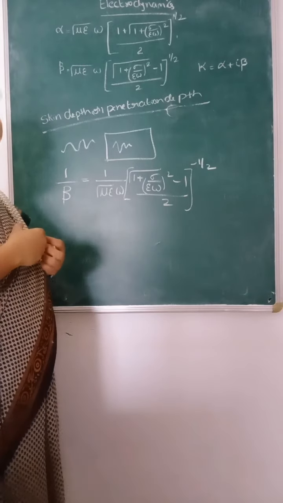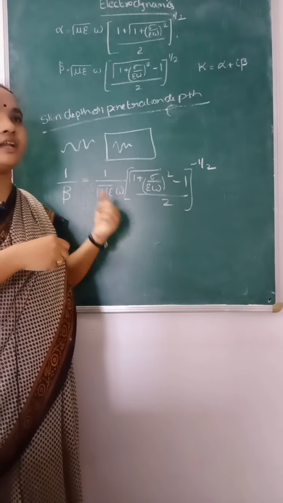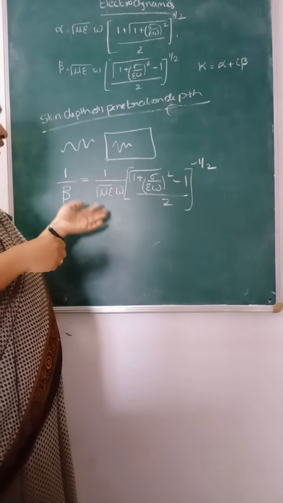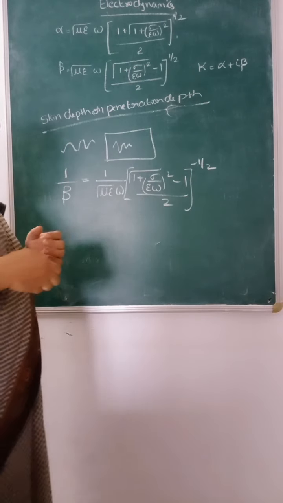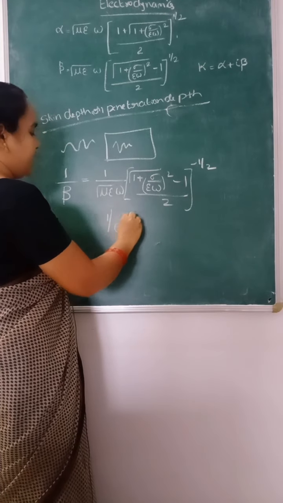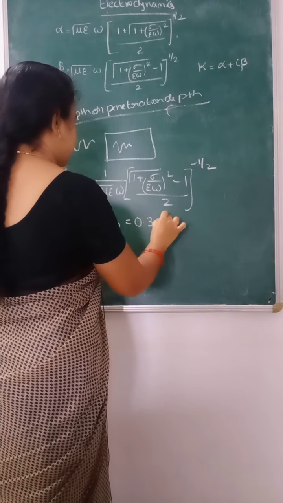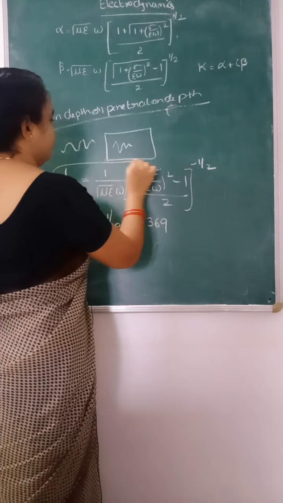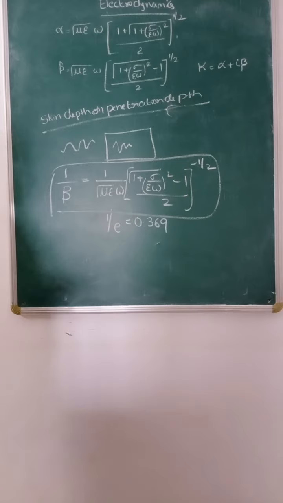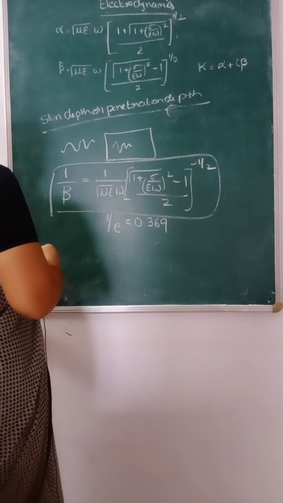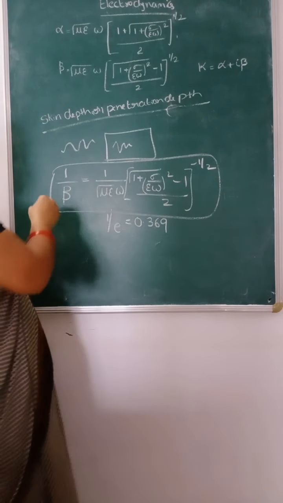Thus the skin depth or penetration depth is how much the plane electromagnetic wave is attenuated inside the conducting medium. It is damped by the factor of 1 by e, that is 0.369. This is called the skin depth or penetration depth. It is indicated with the letter delta.